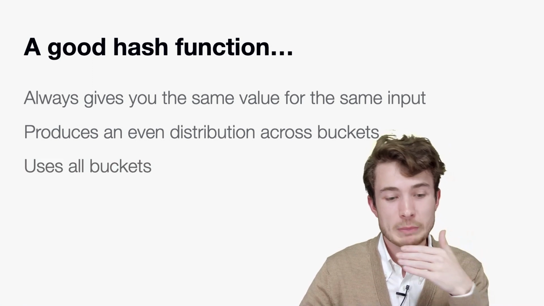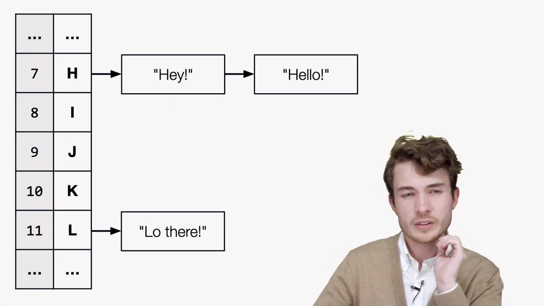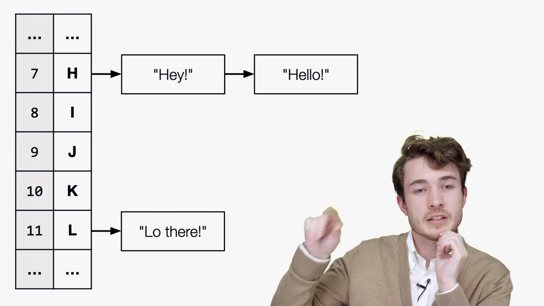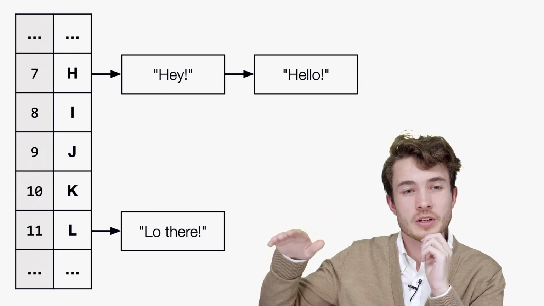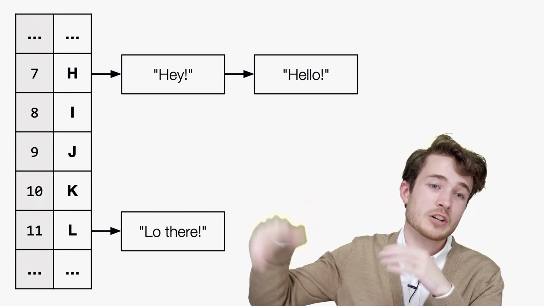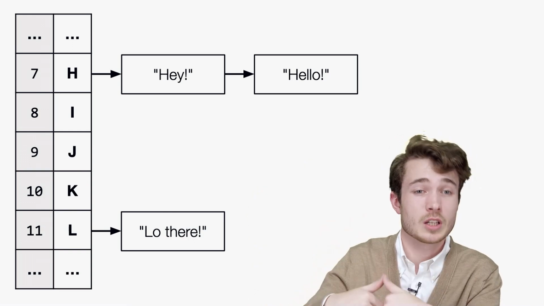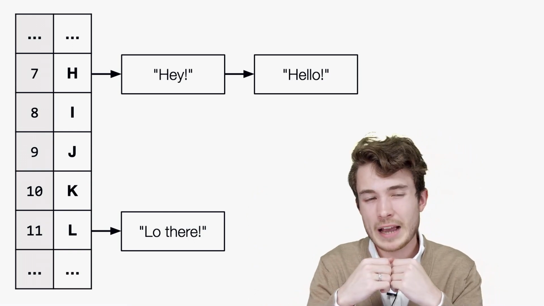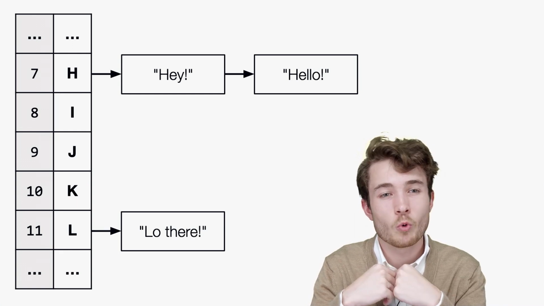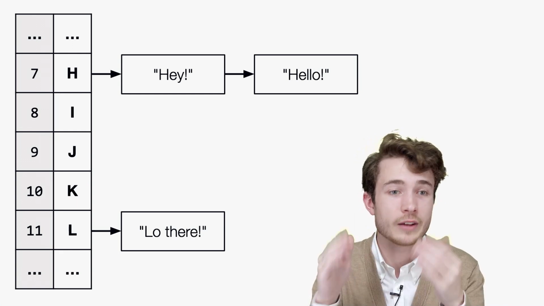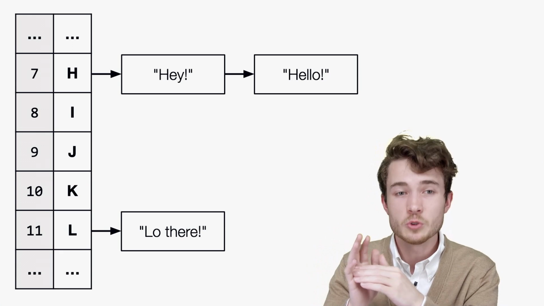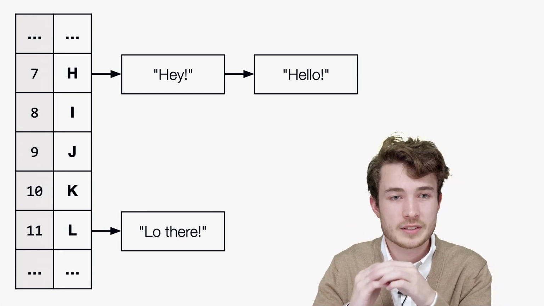If you think about our buckets here, we want to make sure that the nodes in our linked list are spread across every bucket. We actually have a lot of I words, a lot of J words, a lot of K words, and the way we hash this isn't going to quite do that for us. We're not going to actually have any words that start with I or J or K, so we should probably think of a new hash function to use in this case.